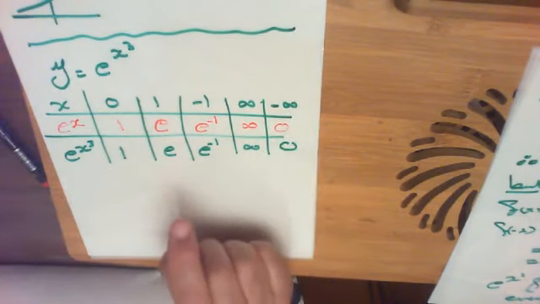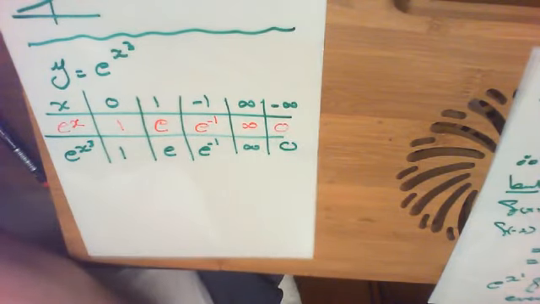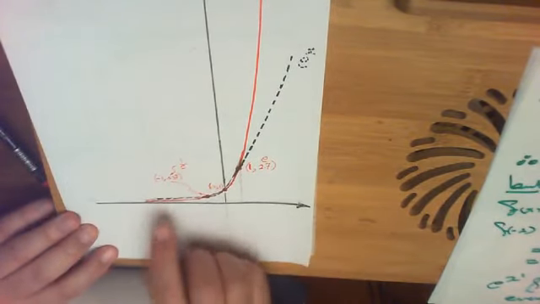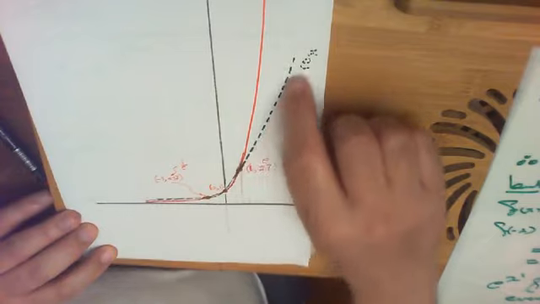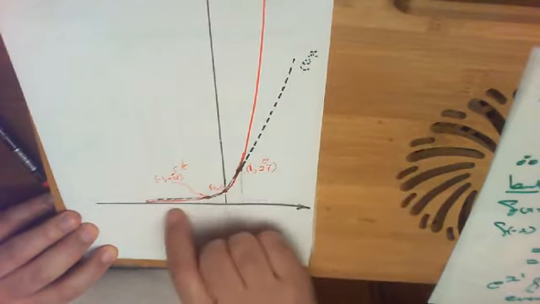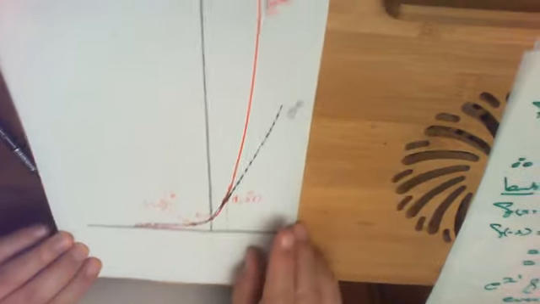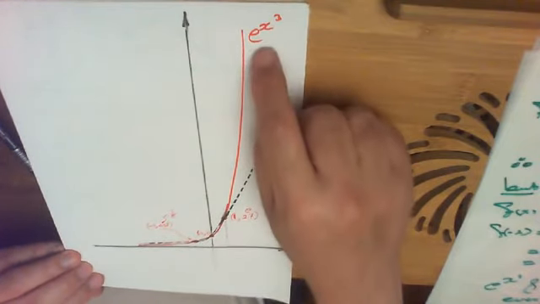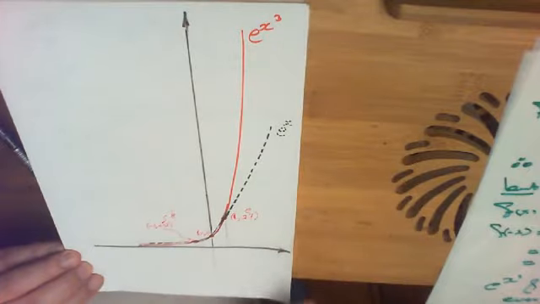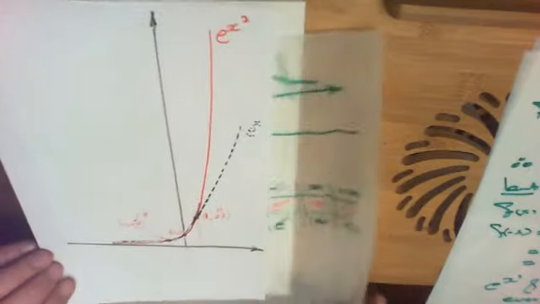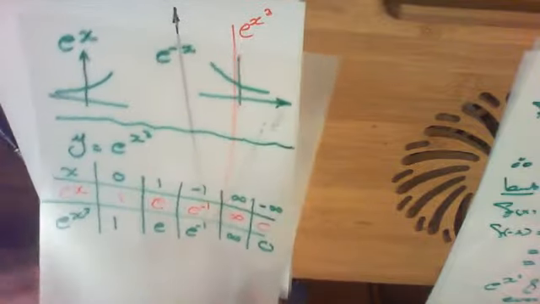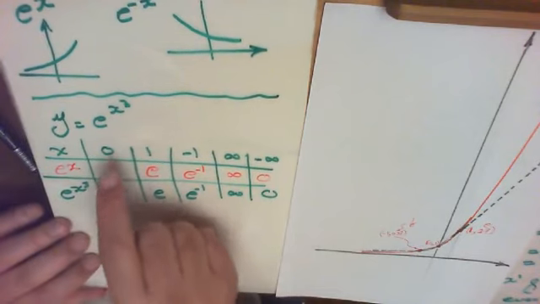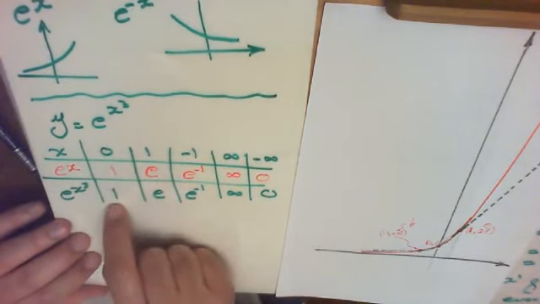So I already drew it for you in a very clear graph to show you. The dashed curve is e to x. The solid red curve is e to x cubed. As I told you a few moments ago, they have the same values of x and y at 3 points.